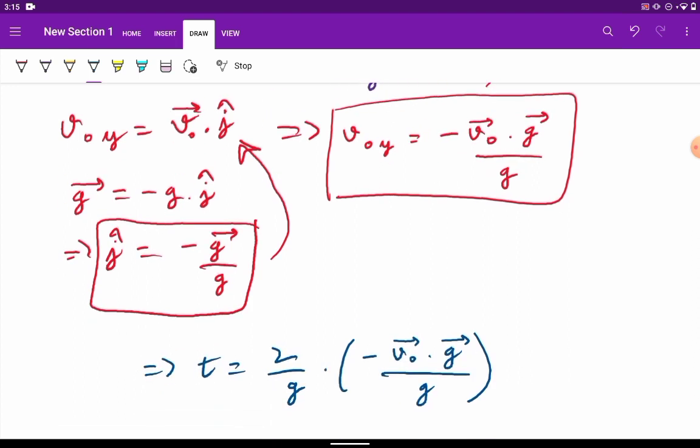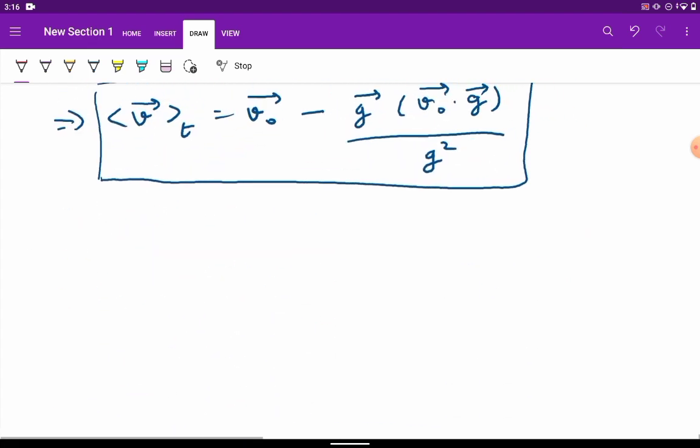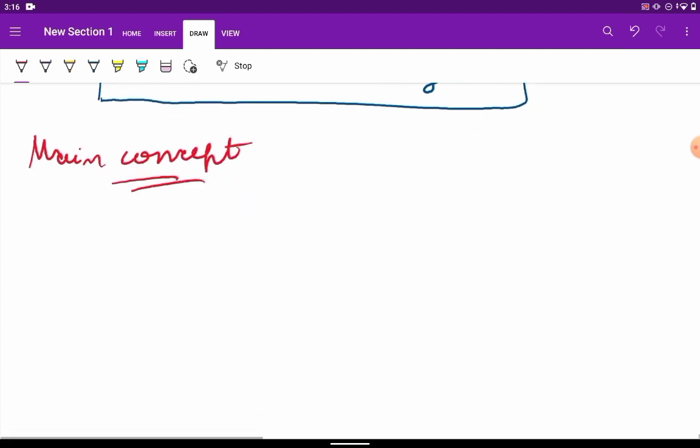So the main concept over here is the component. The concept is easy, but it is used for solving a sort of difficult problem here.